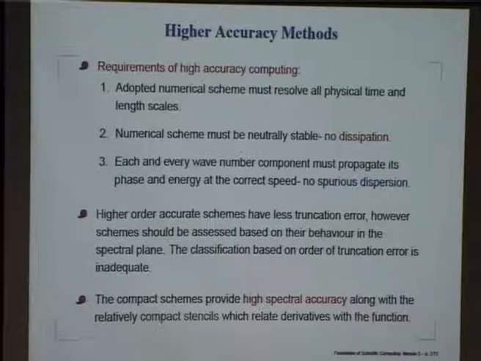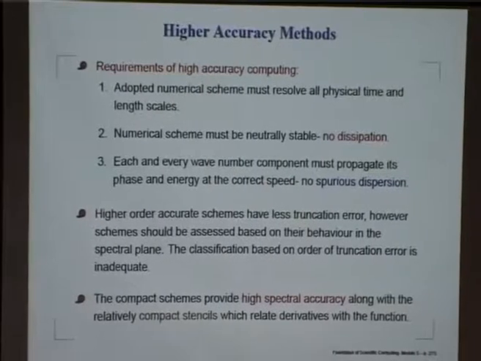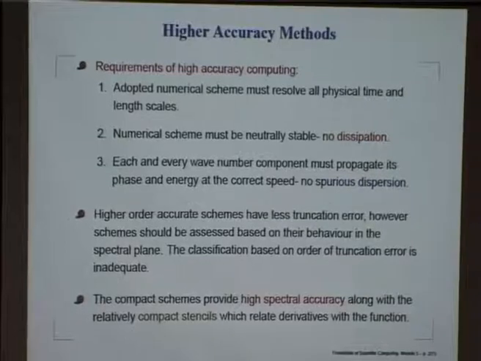So, for example, we by now know with our analysis that a numerical scheme must be neutrally stable. We cannot afford to have overtly dissipative solutions which may look good and make us feel comfortable, but are nonetheless erroneous. That is not the way we would like to go. We would like completely non-dissipative schemes so that we follow the physics of the problem.